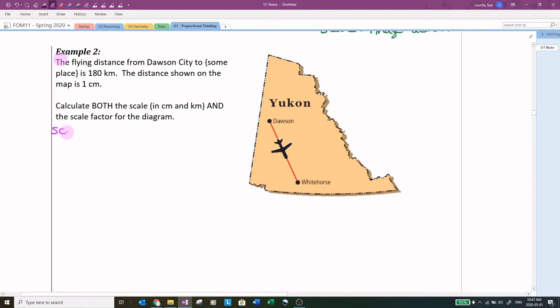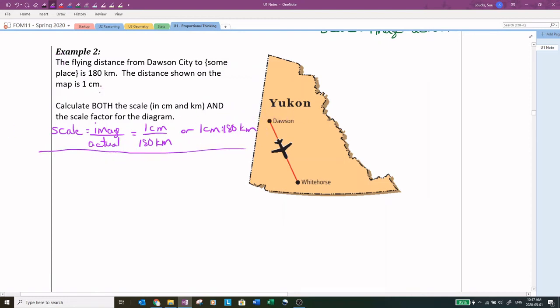So scale equals image over actual, which is 1 centimeter is 180 kilometers. Or I can write that as 1 centimeter to 180 kilometers. Okay, that's the scale, and I'm done.